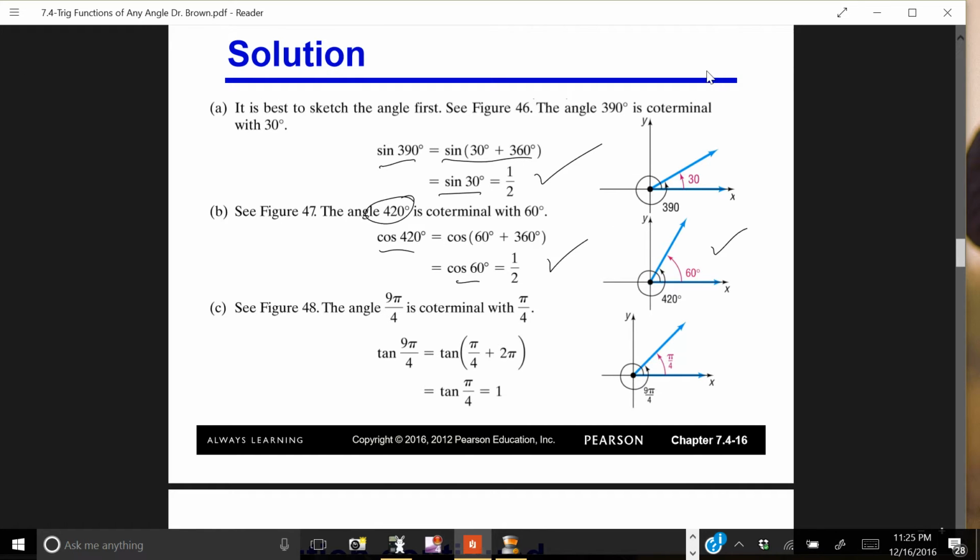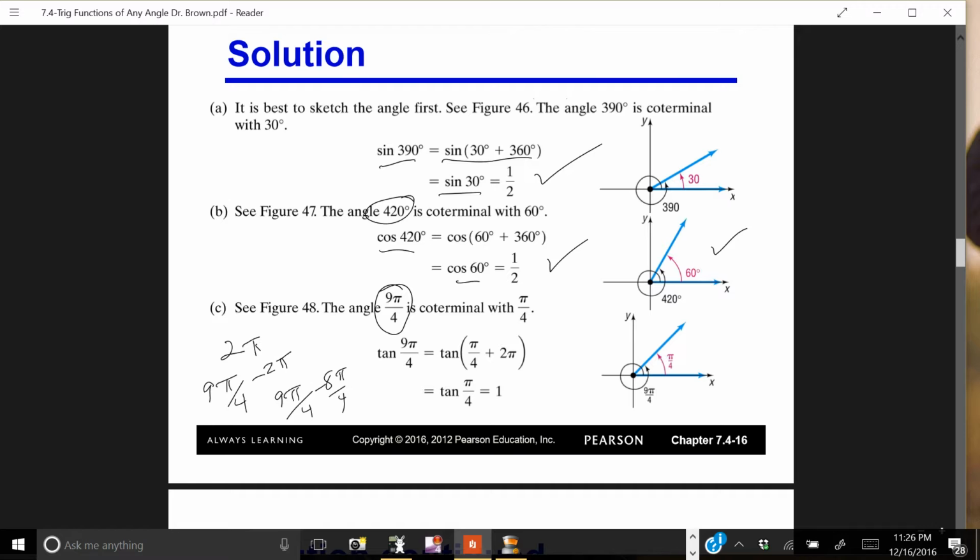Now let's go 9 pi over 4, which is around once, 2 pi. And so we take 9 pi over 4 minus 2 pi, which is 9 pi over 4 minus 8 pi over 4 equals pi over 4.